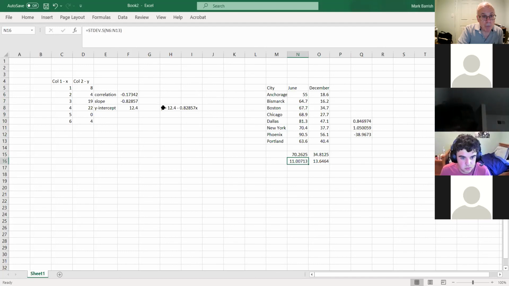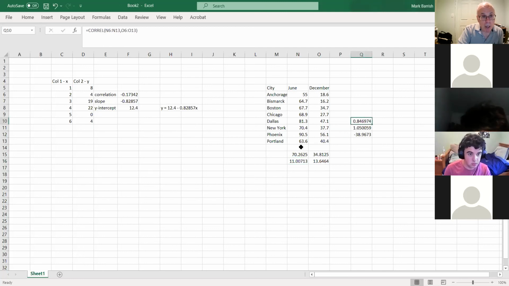Standard deviation, it's stdev.s for sample, and then do the same thing, and you'll get your standard deviation. You do it for each of these columns. Mean and standard deviation takes just a second, so I would practice doing that. For those of you who know Excel or use Google Sheets, it's the same thing.